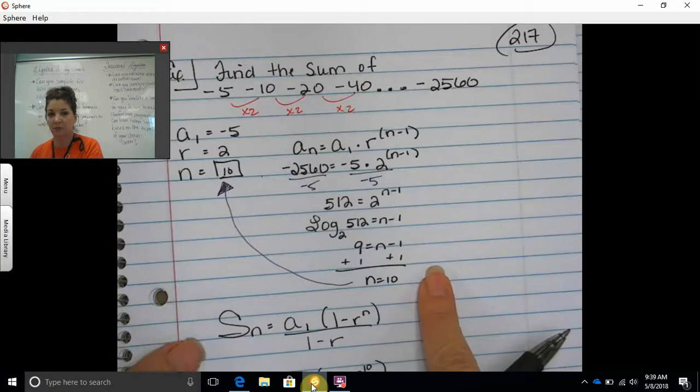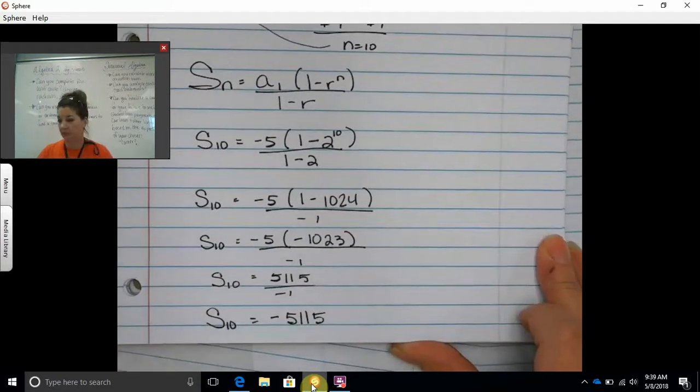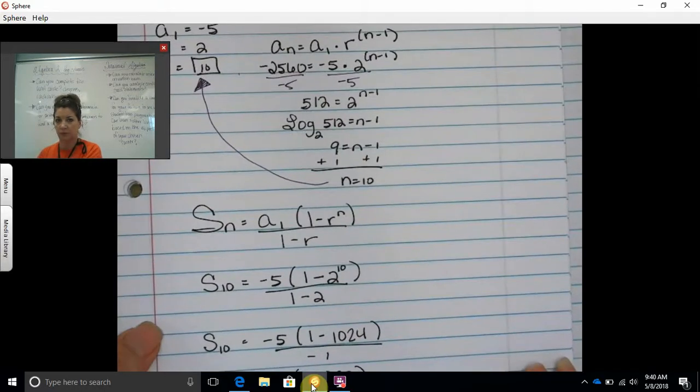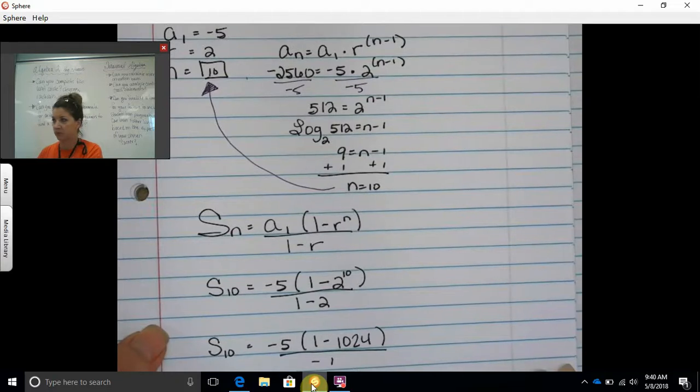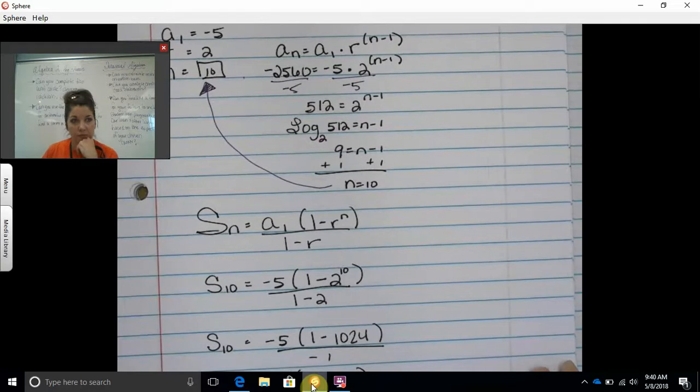Does anybody need to see the explicit formula? Okay, so here is the sequence.